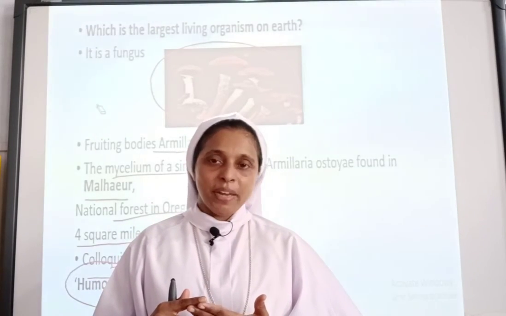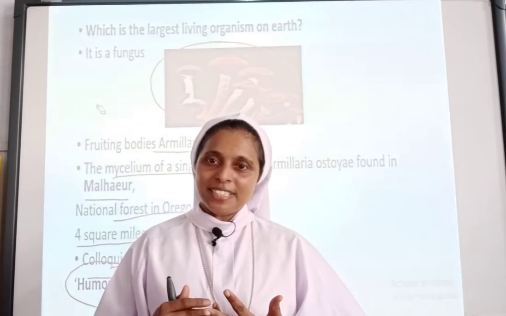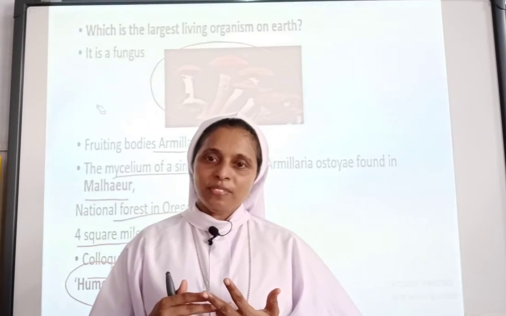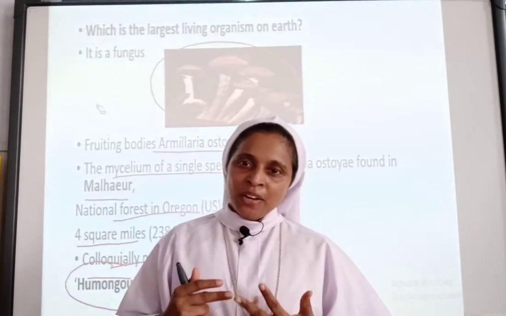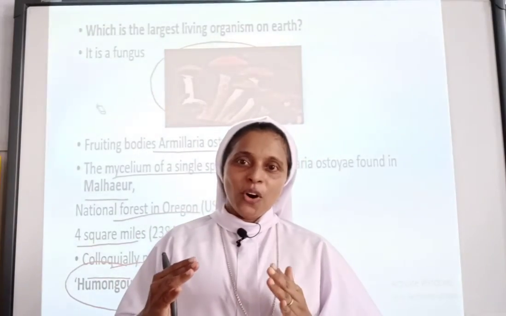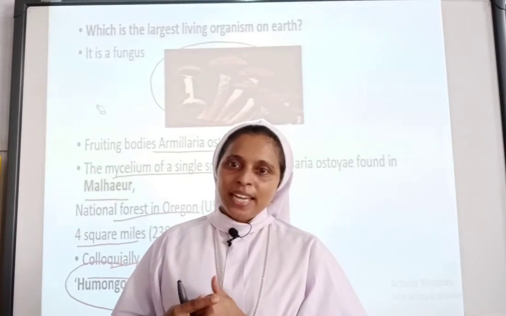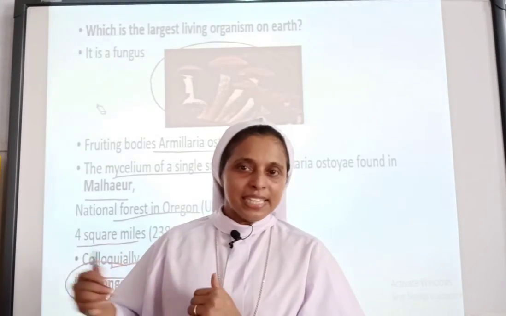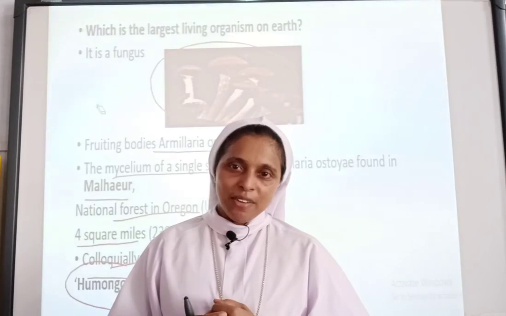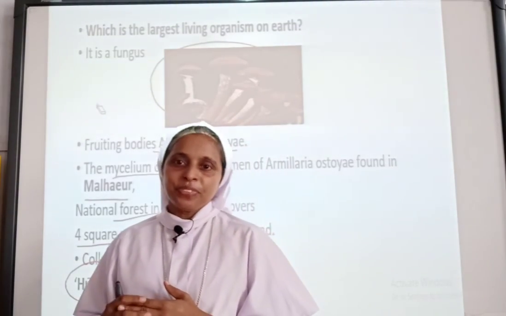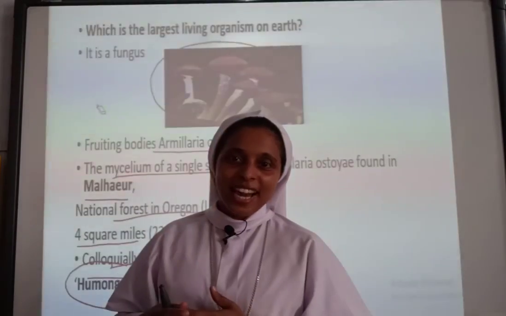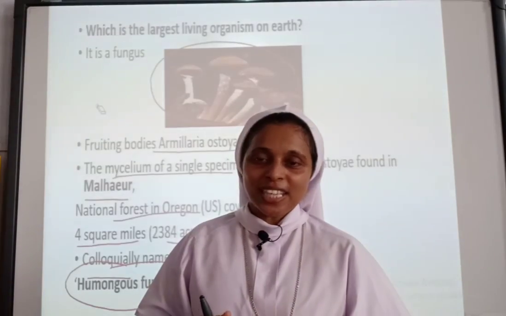Ascomycetes also we have learned, and the basidiomycetes, otherwise termed club fungi because of the club shape. And the last one we have learned was the deuteromycetes. And also we have learned the largest organism, the genus Armillaria ostoyae.